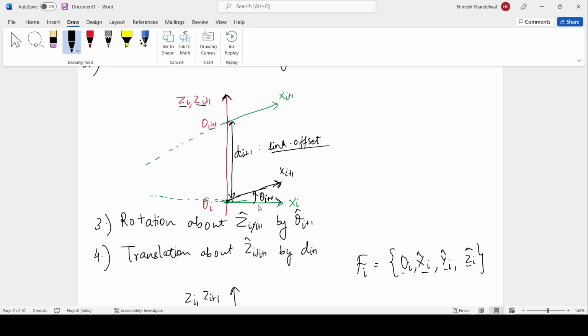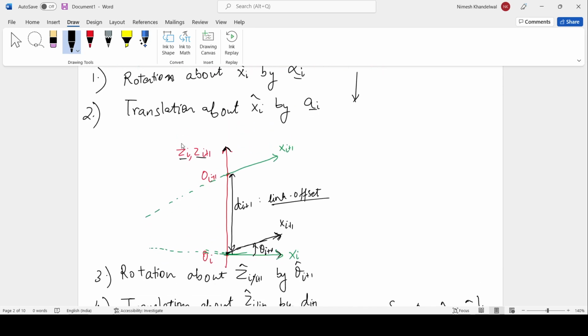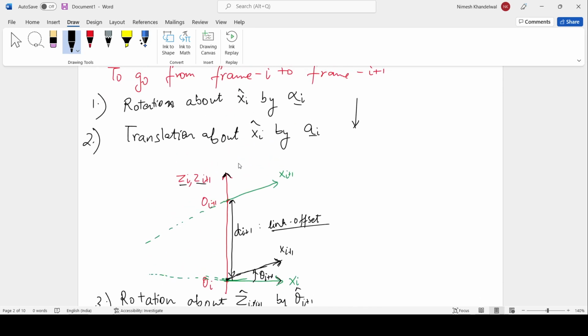So now we have, in terms of the motions that we need to do, the transformations. Transformations means a motion, right? You are moving something in some way, either linearly or angularly. So this first transformation that we did was called alpha I. This angle is called twist angle.